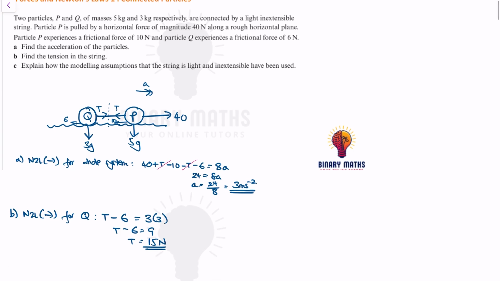Explain how the modelling assumption that the string is light and inextensible has been used. Inextensible means the accelerations of the objects are the same.